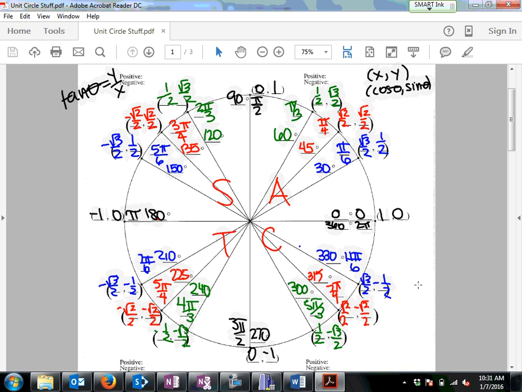The secant of 7 pi over 4. The secant is the reciprocal of cosine. Well, the cosine at 7 pi over 4 is radical 2 over 2, so this is how you would flip it: 2 over radical 2.